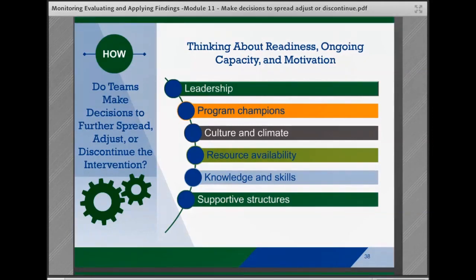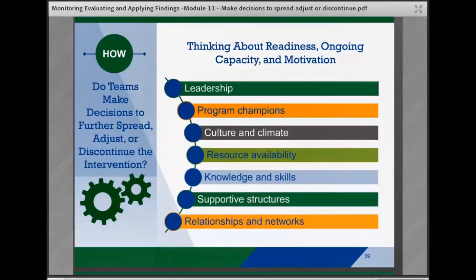Can implementation supports, such as training, coaching, fidelity monitoring, and data systems, be sustained to build capacity for ongoing implementation and improvements? Will contracts with service providers need modifications? And relationships and networks. Have key stakeholders been adequately engaged in the process? Are partnerships with external systems and community organizations that contribute to service delivery intact?